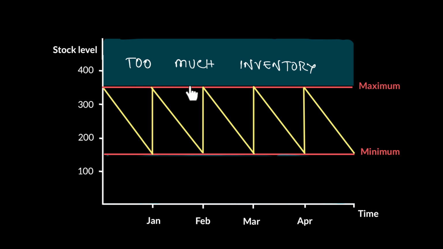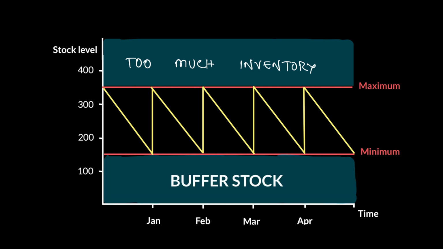Then there's also a situation where you don't want to have less inventory than you need, not enough inventory. And that is this blue part here. Okay? You don't want to go there because of loss of sales, loss of reputation, and all that. So you want to remain between these two portions here. So you give yourself a maximum and you give yourself a minimum level.